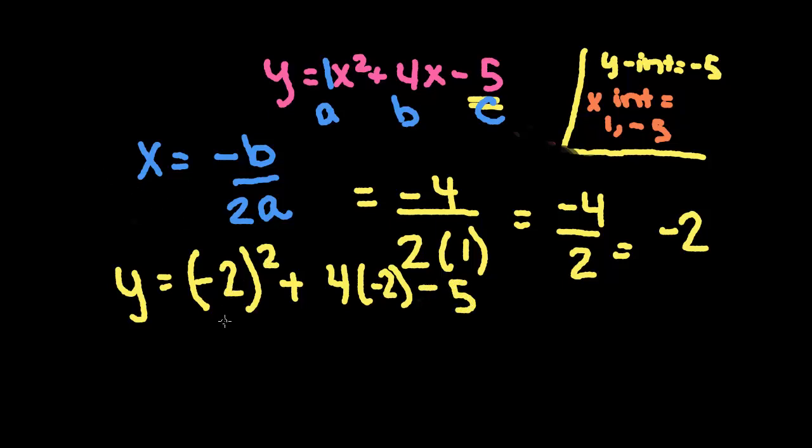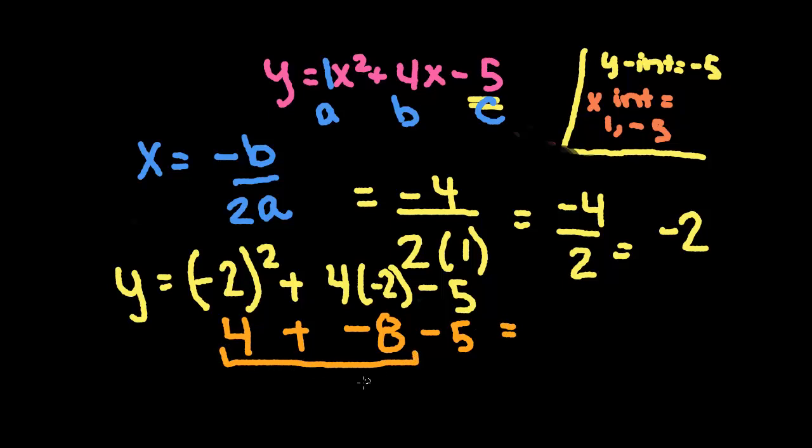So negative 2 squared is positive 4. 4 times negative 2 is negative 8. And then we have minus 5. So combining these two, we get a negative 4 minus 5. I always do switch change, which means I'm going to change this to a positive and this to its opposite.